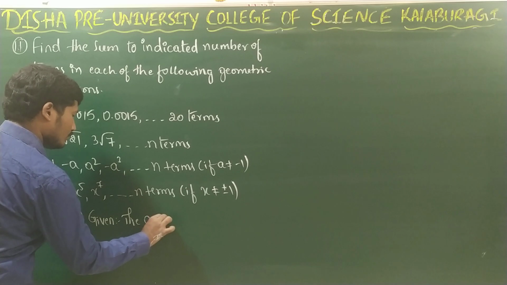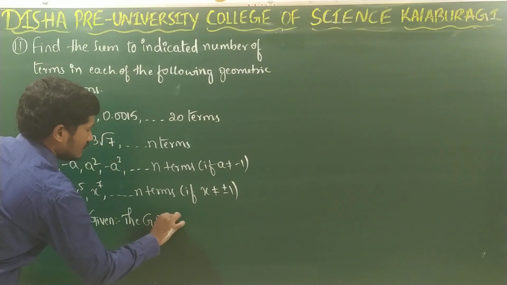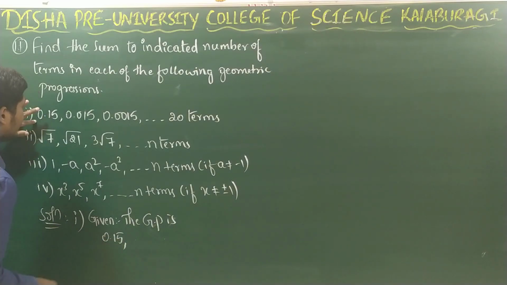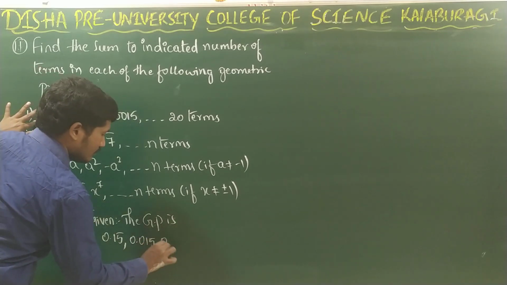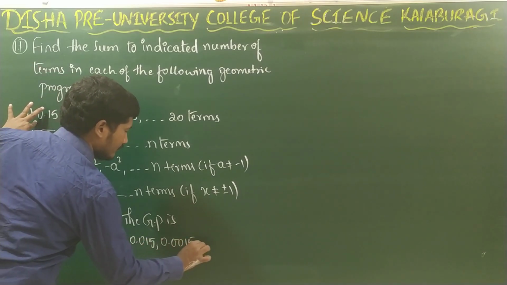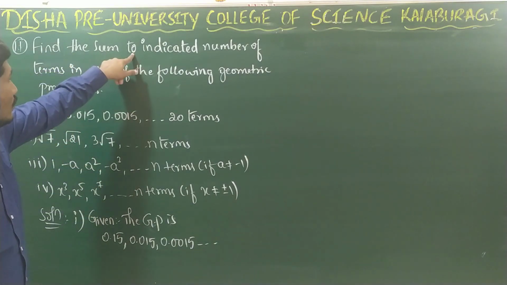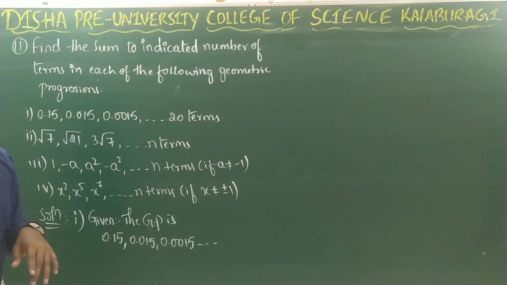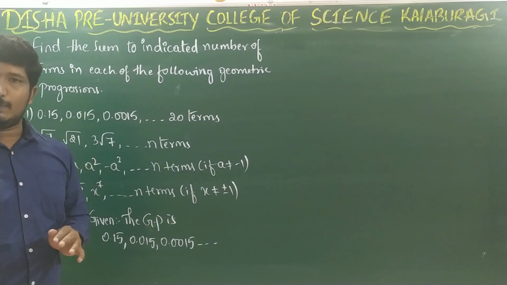The geometric progression or the GP is 0.15, 0.015, 0.0015. What we have to calculate? We have to calculate sum to 20 terms for this GP. Sum to 20 terms in the sense we have to calculate the value of S20.